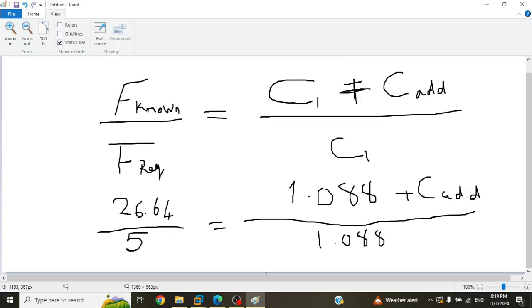So let's repeat our calculations. 6445 multiplied by 108. So according to my calculation, in order to have 5 gigahertz frequency, we need to add a capacitance of 4.7 femto.